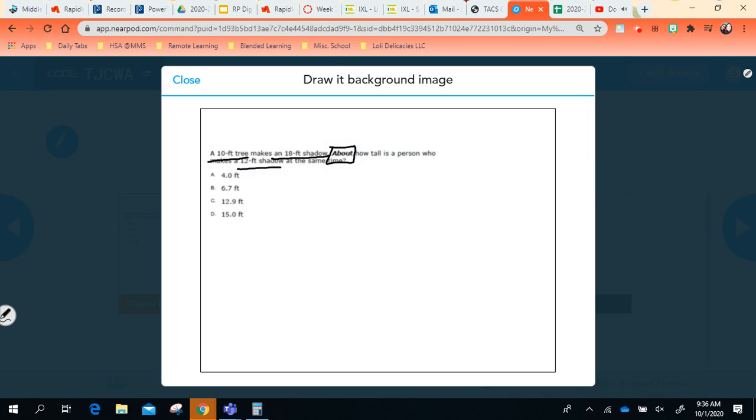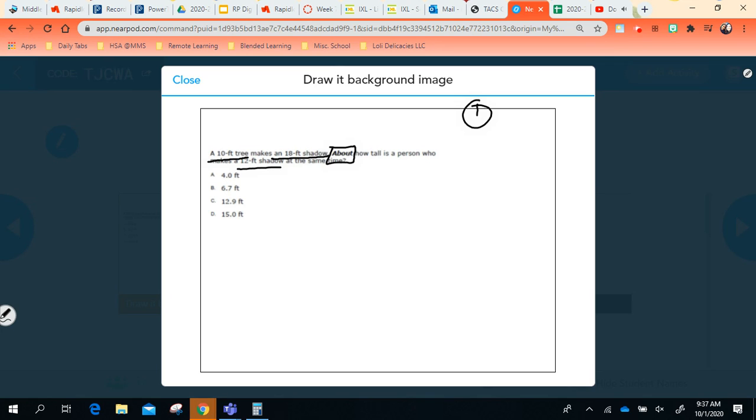How tall is the person? Perfect. So think about it like when we did our shapes yesterday. We were looking at our original triangle, and we had to find either the missing side in the new triangle or in the same original triangle, right? But before we could find that missing side, we had to find what first?